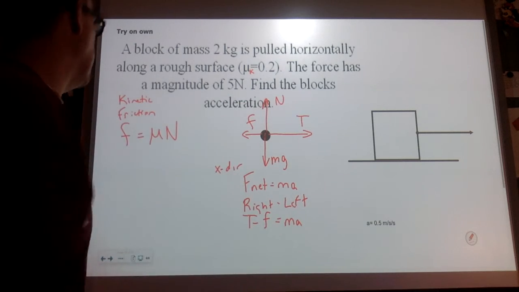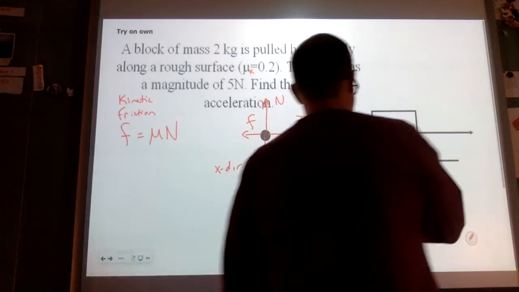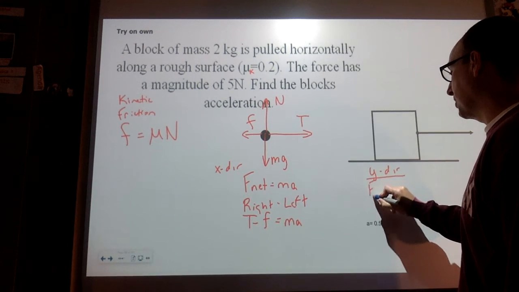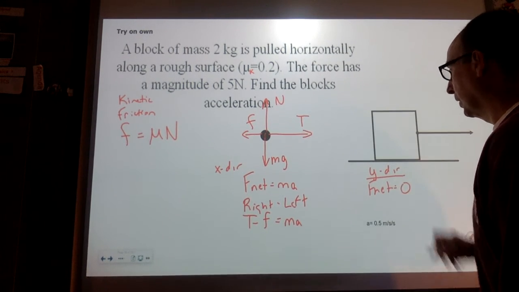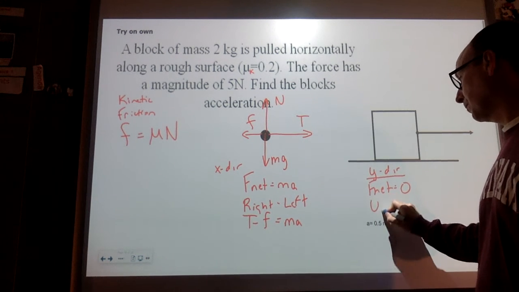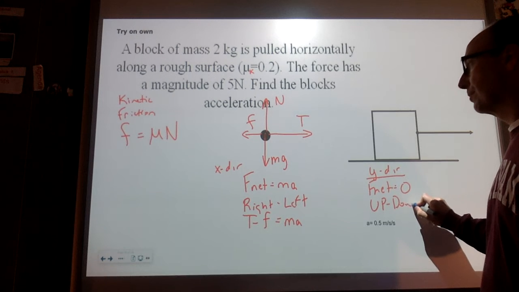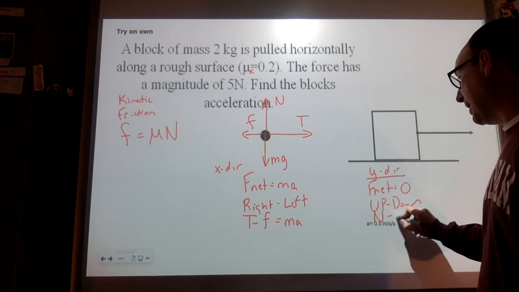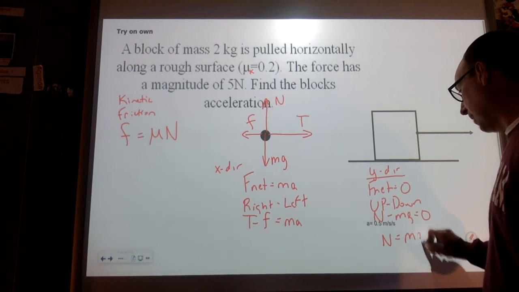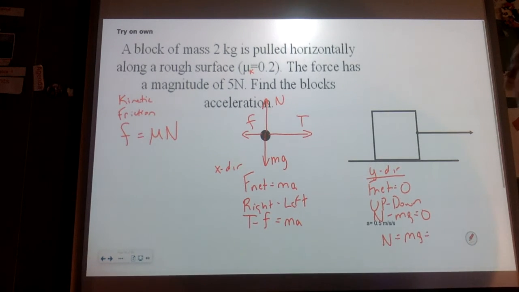I'm going to look at my y direction. And in my y direction, Fnet is equal to 0. So I'm going to take the forces up minus the forces down. So this is going to be n minus mg is equal to 0. So n is going to be equal to mg.